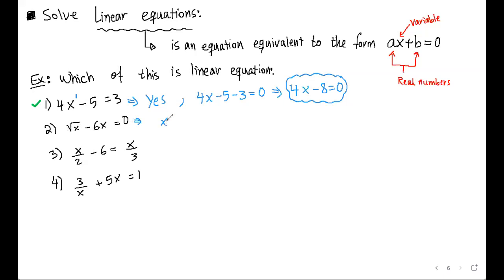So this is actually x to the 1/2 minus 6x to the 1 equals 0. We have 1/2. Is it linear or not linear? Not linear, because the exponent is not 1 or 0. So the answer is no. When we see an exponent like 1/2, it means it is not linear. To be linear, the highest exponent is supposed to be 1 or 0 only. So the second one is not linear.